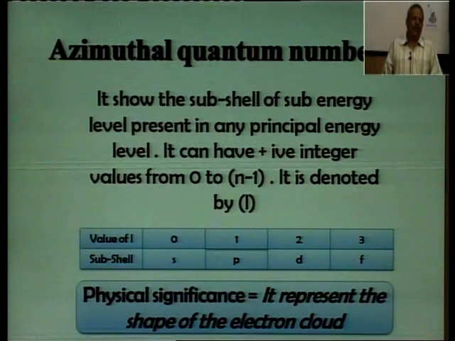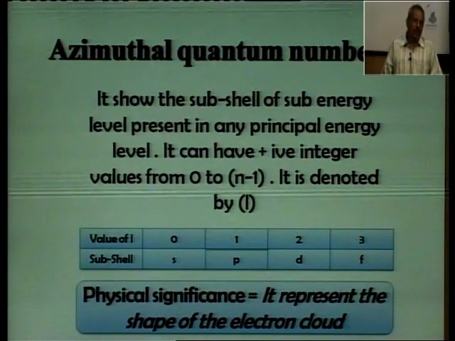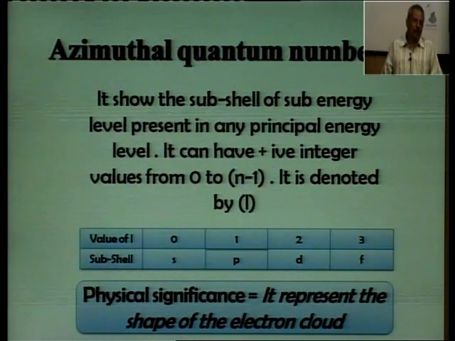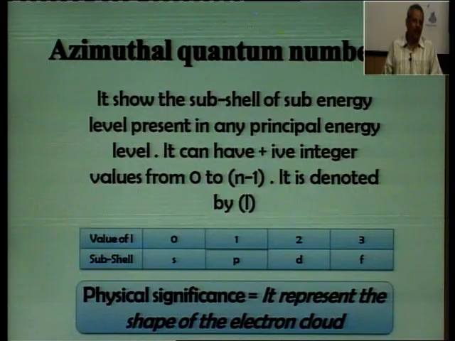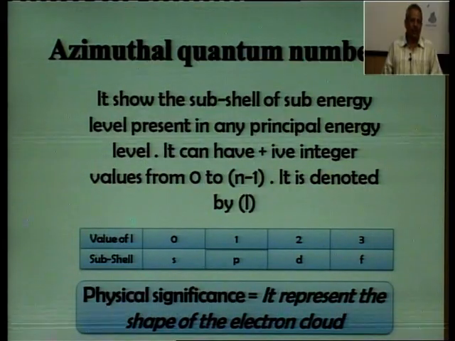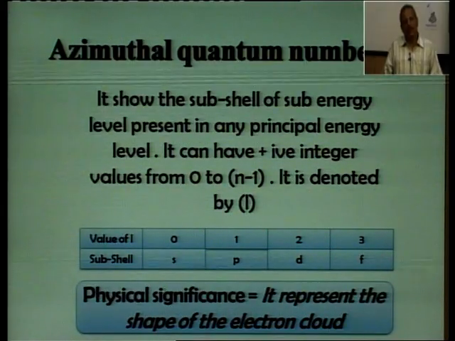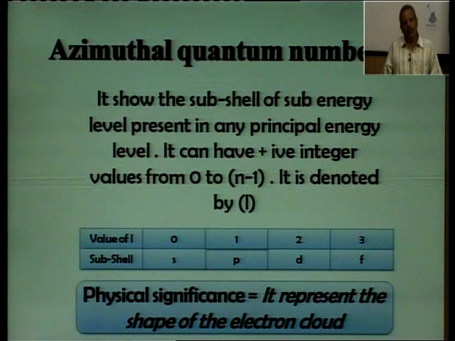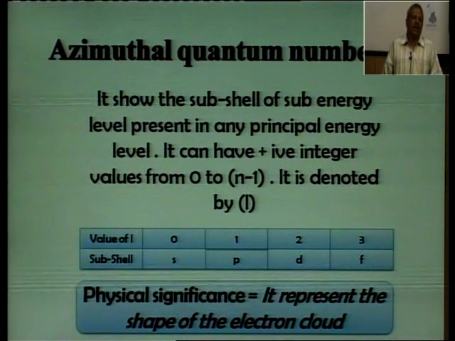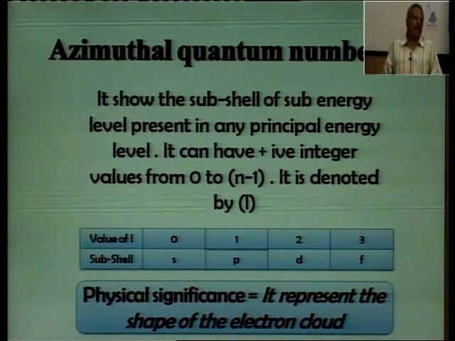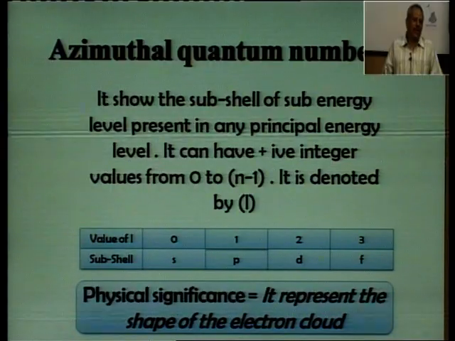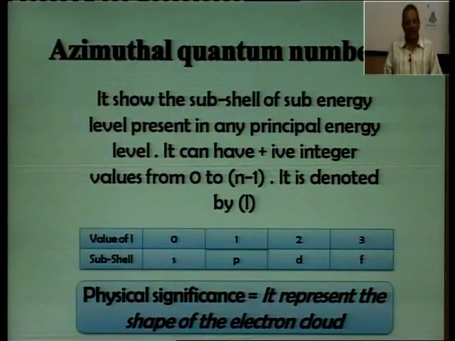So, if the value of the main energy level is 1, then there is no sub-leveling, because 1 minus 1 is equal to 0. And if the value of l is 0, then the electron is present in the s orbital.